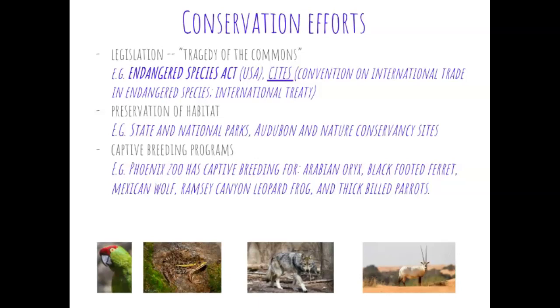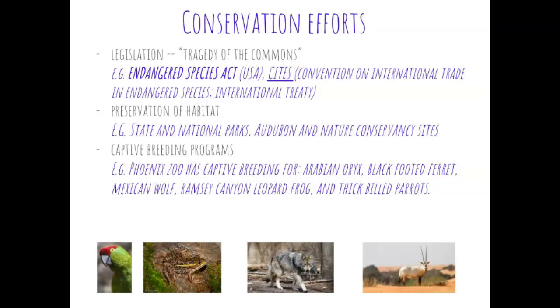There are captive breeding programs at zoos and wildlife parks and aquariums where different species will be bred captively with the hope of releasing them into the wild so that we can bring some of their numbers back up.